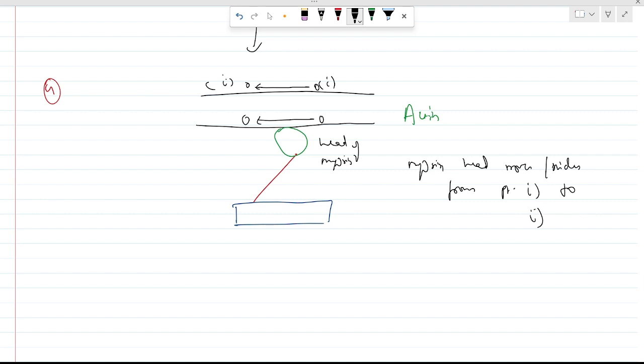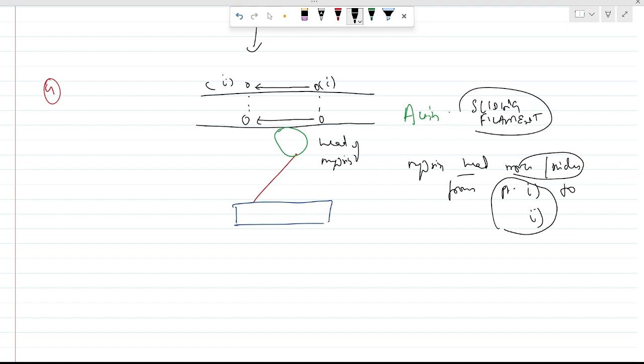So this actin part is called our sliding filament. Sliding filament, as our myosin head moves or slides from point 1 to point 2, is a magnifying part. So the sliding filament is the part on which the head of the myosin slides.